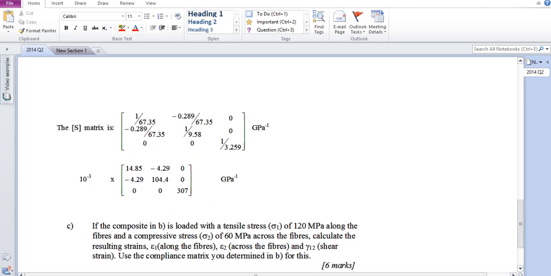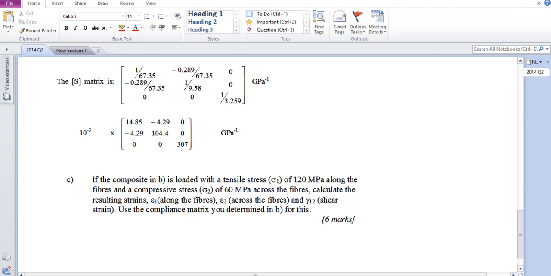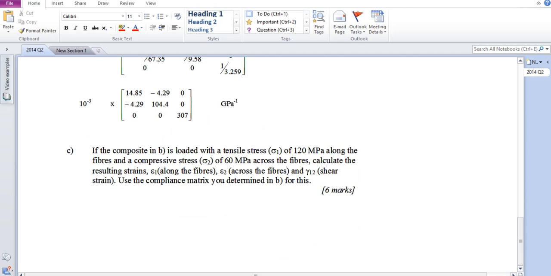A good way of dealing with this is to take out a factor of 1,000, which is often there. So I've done that. I've taken 10 to the minus 3, and then the terms are 14.85, minus 4.29, 0, etc. So that's our S matrix. The units are gigapascals to the minus 1. All of our stiffness terms we've left as gigapascals, so the S matrix, which is 1 over the stiffness terms, is gigapascals to the minus 1.